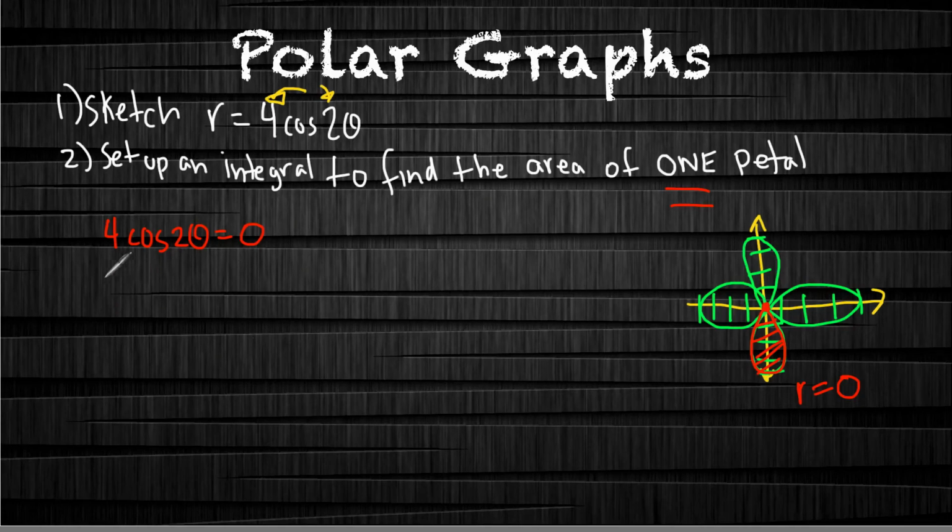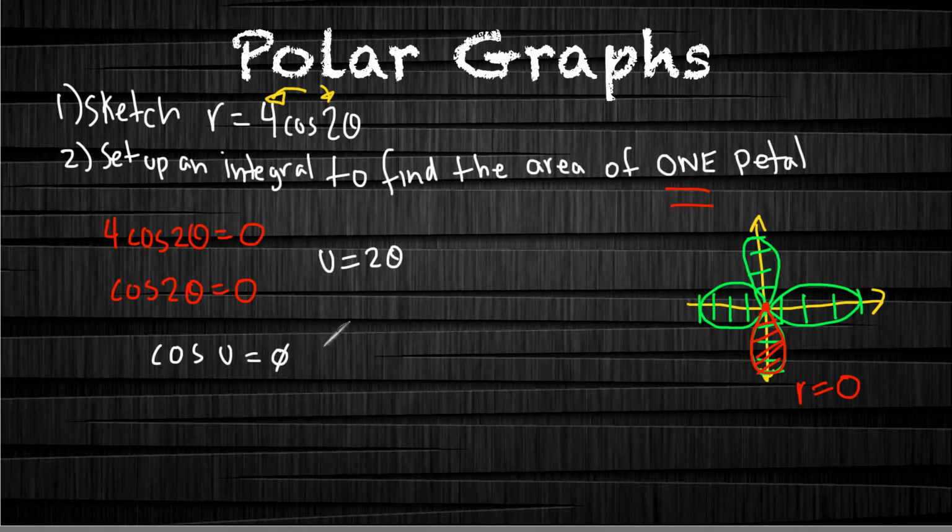So we'll divide by 4, and we get cosine of 2 theta is equal to 0. Now we just have to ask the question, so why don't we temporarily let u equal 2 theta. We're not going to do u substitution as far as derivatives, but we're just going to say cosine of u equals 0.